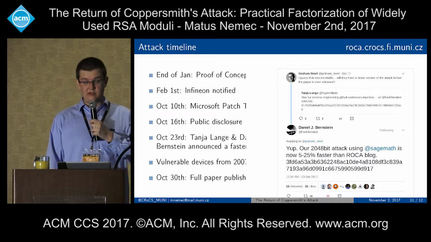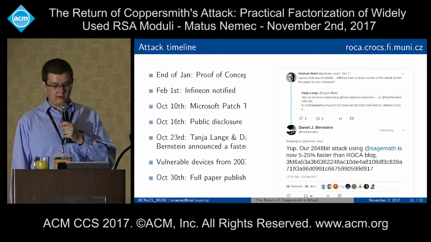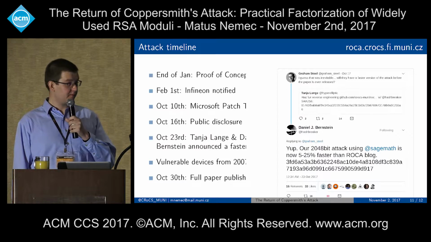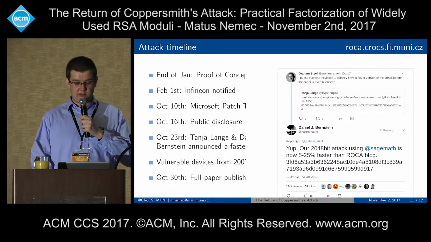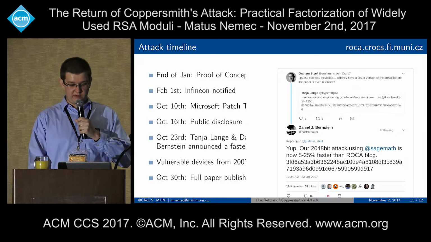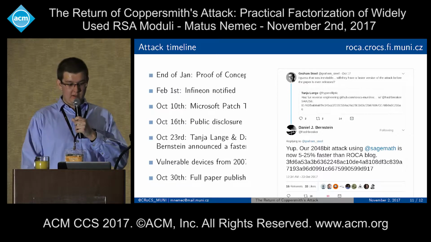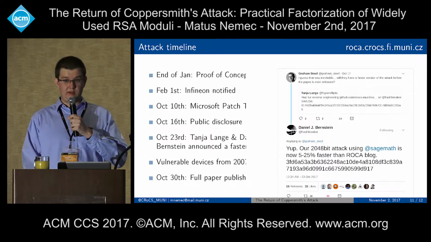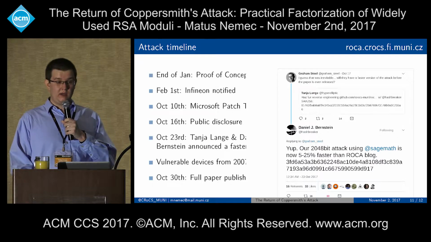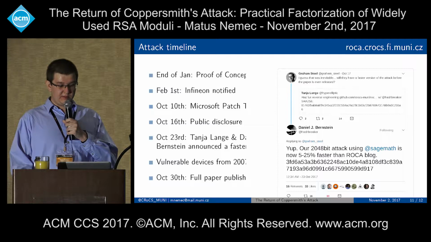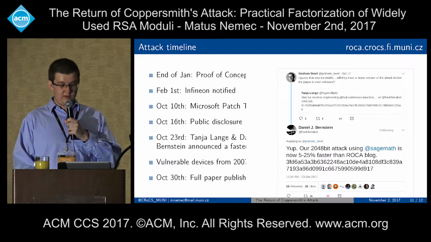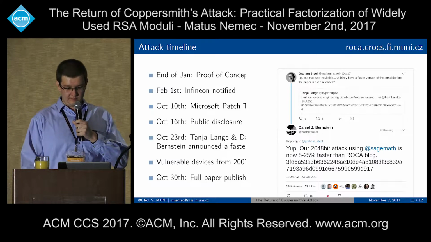I will now briefly discuss the timeline of finding this attack. By the end of January, we recovered the structure of the primes and developed a proof of concept attack. By February 1st, we notified the manufacturer and gave them 8 months of responsible disclosure time in which we did not release the details of the attack.